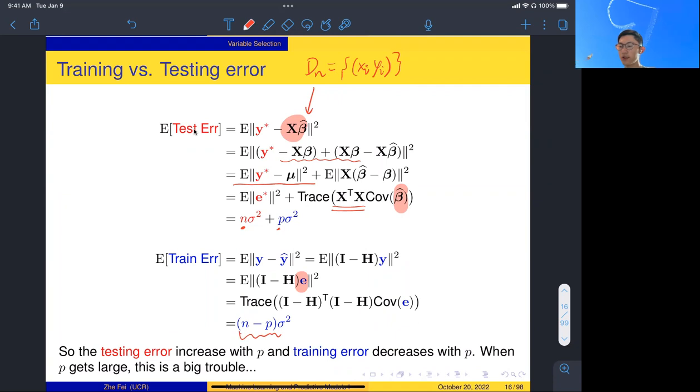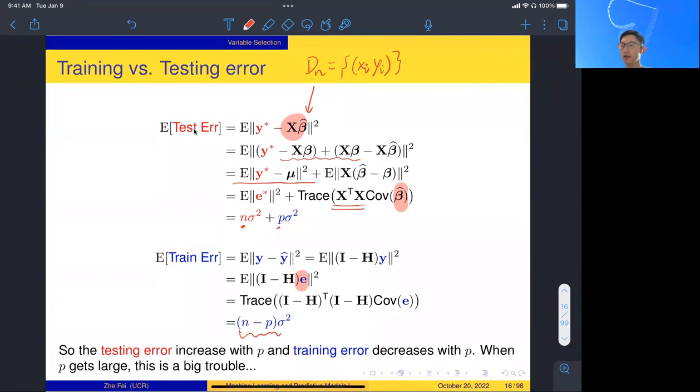Intuitively speaking, for the training sample, if we have more predictors as P increases, we have more explanatory variables to fit the model, then we would reduce the training error, as indicated in this formula. However, a more complicated model, as your P increases, would increase the testing error at the same time.